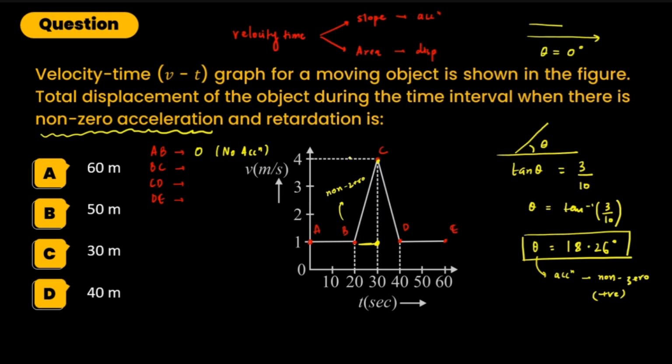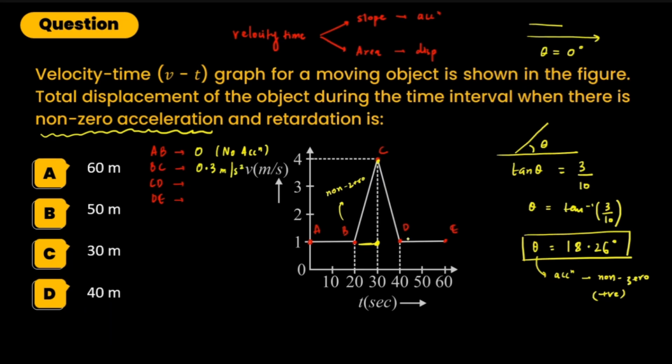And retardation. Now we have to figure out what the retardation is. Here the acceleration is tan theta, and this tan theta is going to be 3 by 10, so it is going to be 0.3. So here it is 0.3 meters per second square acceleration.